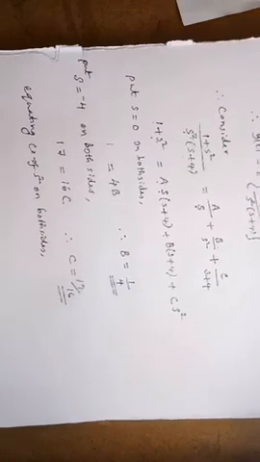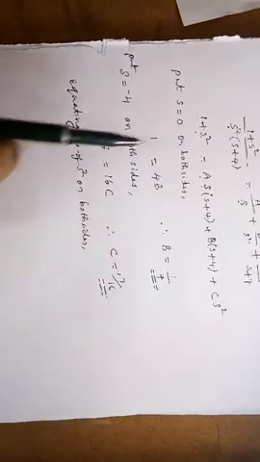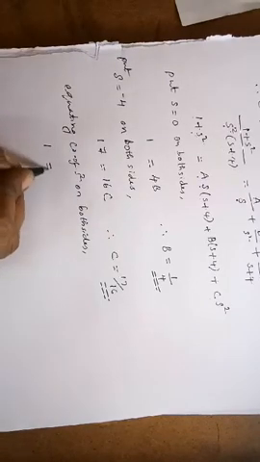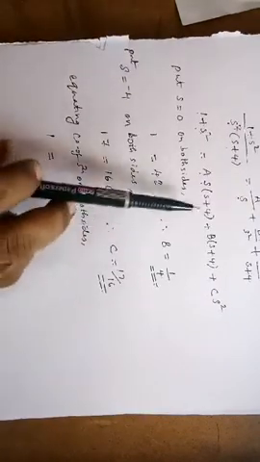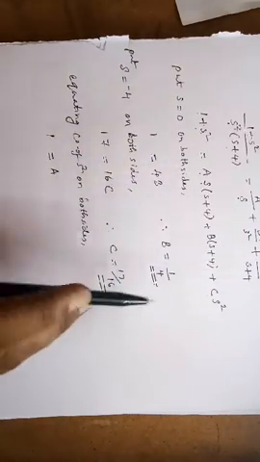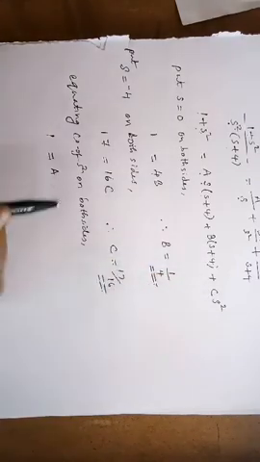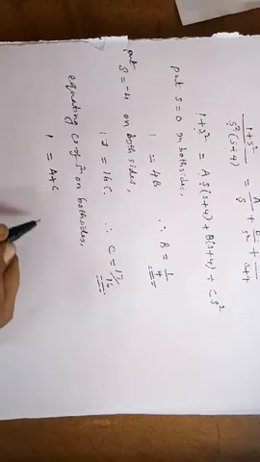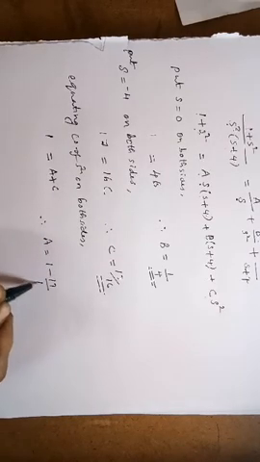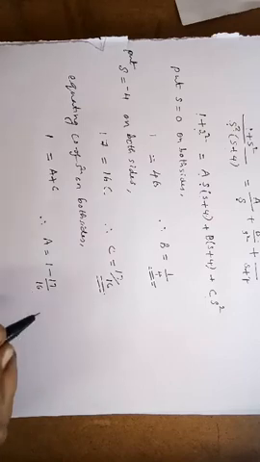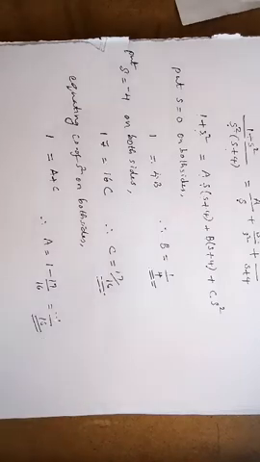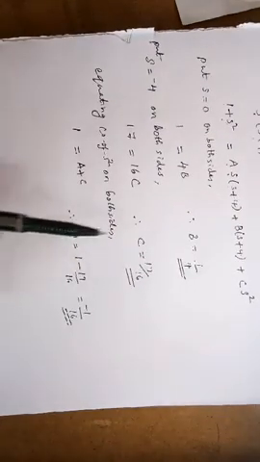The LHS coefficient of s² is 1, that is equal to, on the right side, the coefficient of s² is a plus c. Therefore a equals 1 minus 17/16, that is, we get minus 1/16. So we have found all the constants a, b, c.